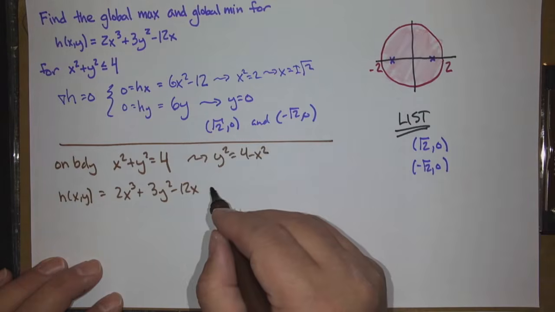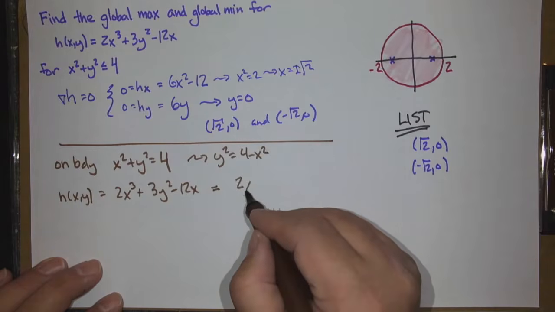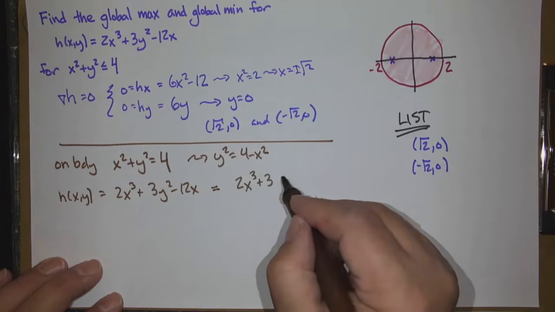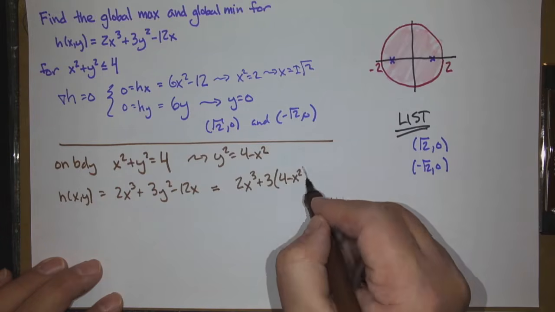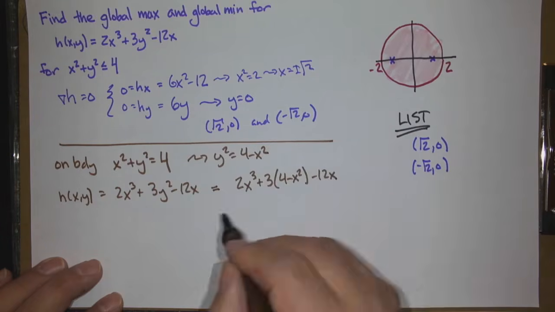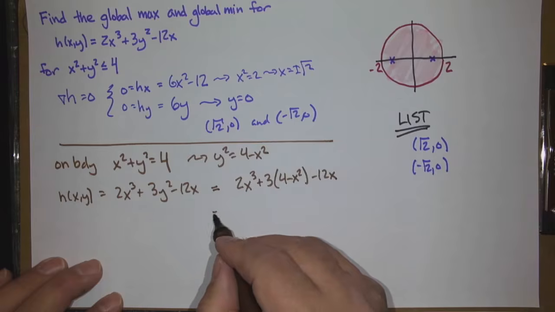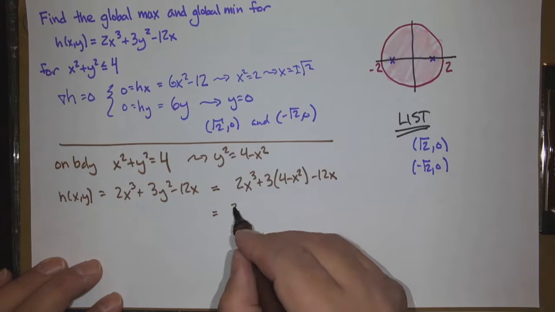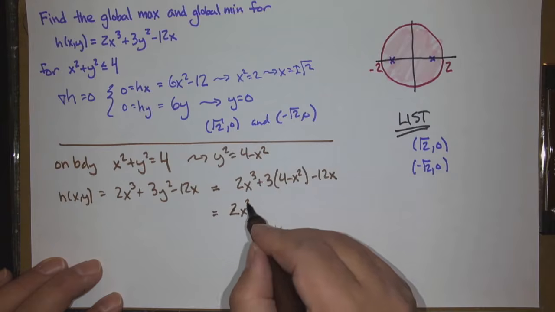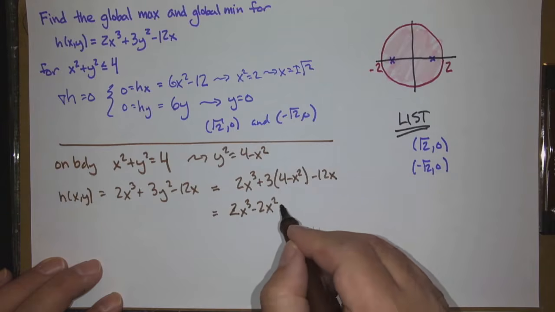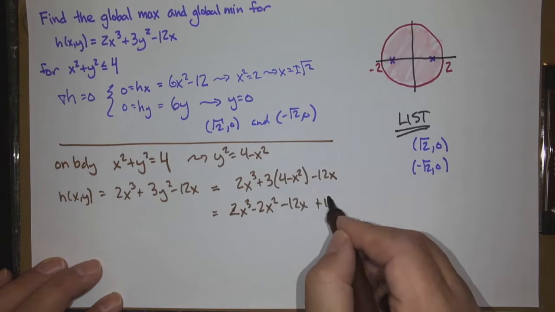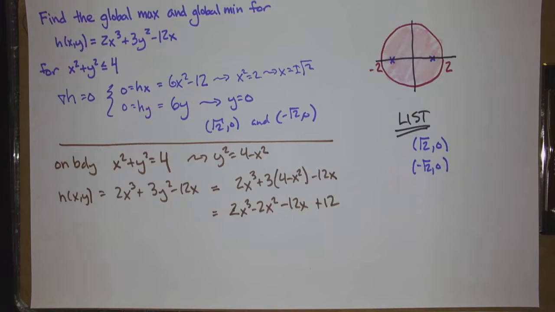So on the boundary, this is the same as 2x cubed plus 3 times 4 minus x squared minus 12x. Which, if you work this out, is 2x cubed minus 3x squared minus 12x plus 12 on the boundary. That's a function of a single variable. That's what we want. Yay, us!